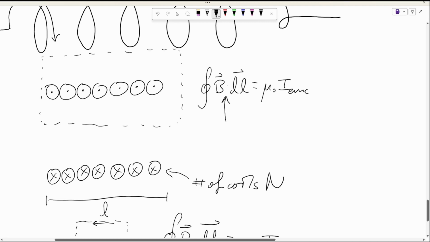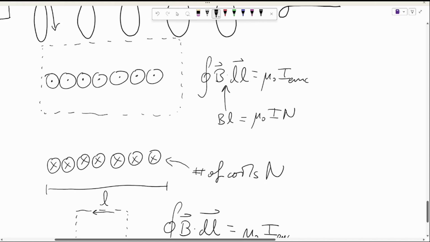This simplifies down to B times L, because we only care about the bottom side. That is equal to mu naught I enclosed, which is the I of the coil times the number of coils. Now if we move some stuff around, we'll find the B field is equal to mu naught I N over L.